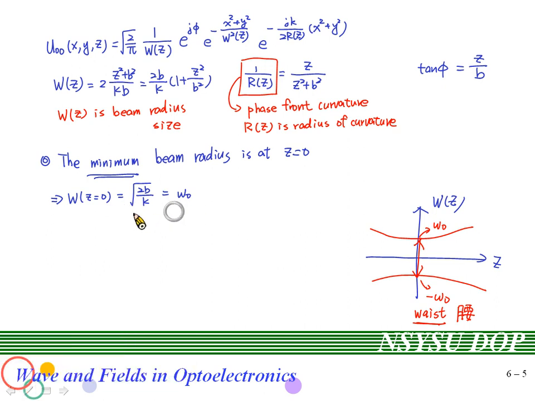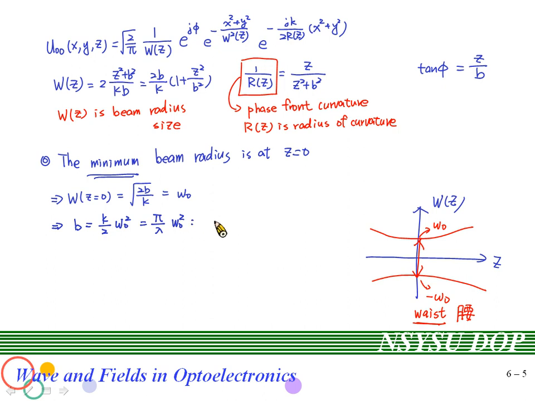And from this relationship, you can also say that b can be expressed as k over 2 times the square of W0. Then, according to k is 2 pi over lambda, b can also be written as pi over lambda times W0 square.